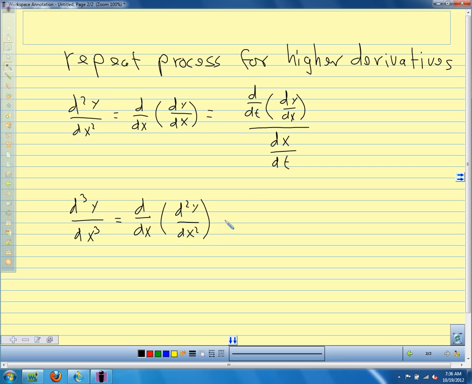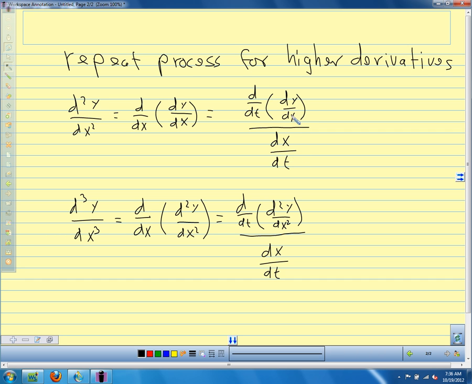And by the process we used previously, this is the derivative with respect to time of the second derivative of y with respect to x, divided by dx/dt. So on each successive derivative, we take the derivative with respect to time of the previous derivative of y with respect to x, but each time we divide by the derivative of x with respect to t.